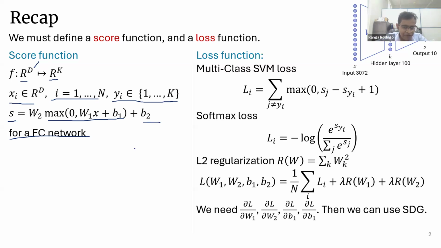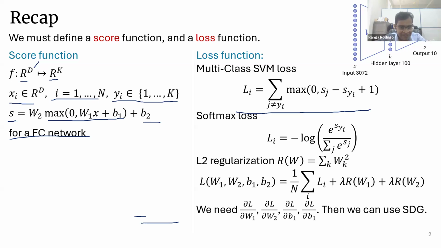So then we define a loss function, and we studied a couple of loss functions. First one is the multi-class SVM loss function. We studied it, and we did some manual computations also. So for example, I can give you at the exam, like I did last time, a few of those outputs for a few of those classes and ask you to compute the SVM loss.